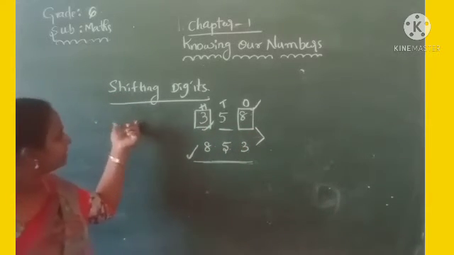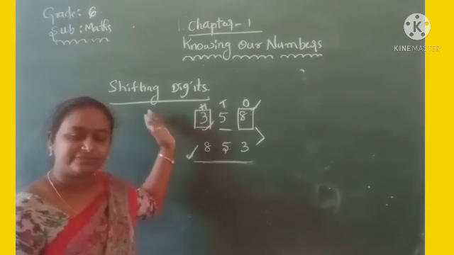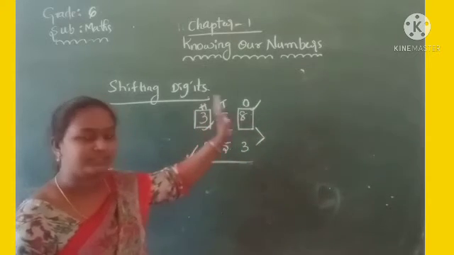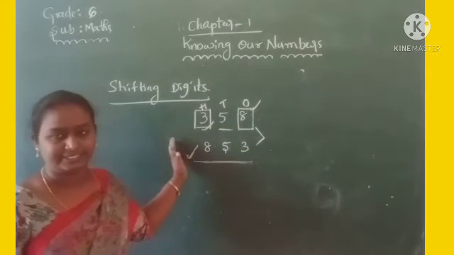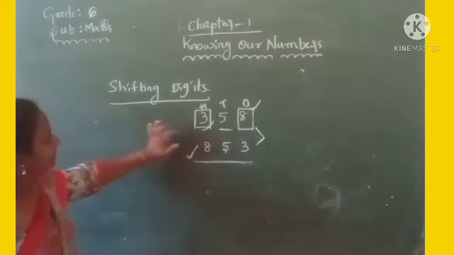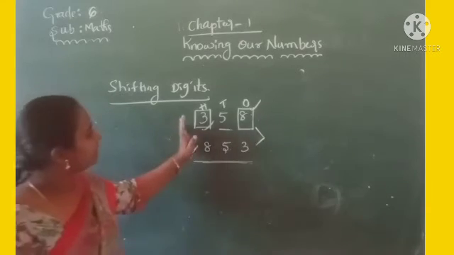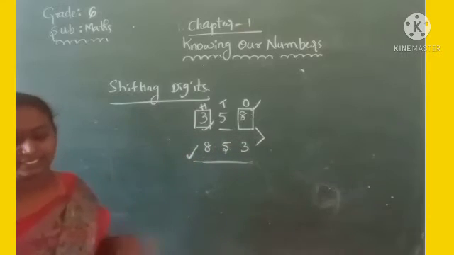In the shifting digits, we are shifting the digits from one place to another place. That means hundreds place and units place. That is the shifting of digits. The only condition is what? Change of ones place and hundreds place only.